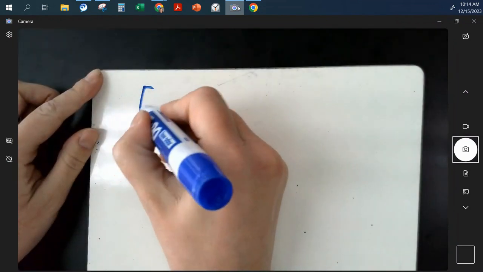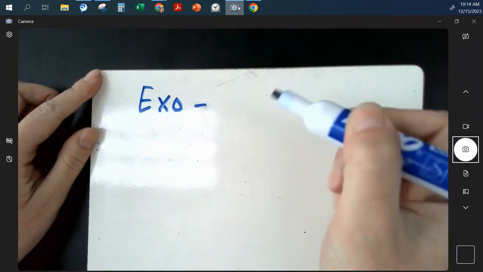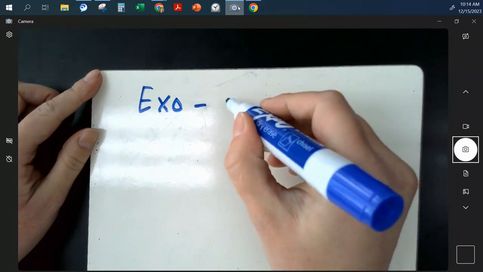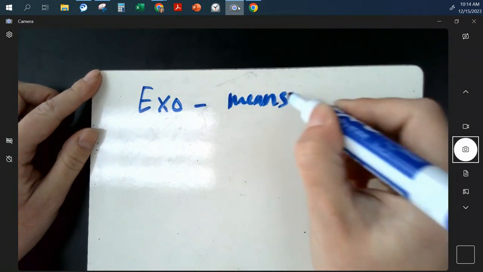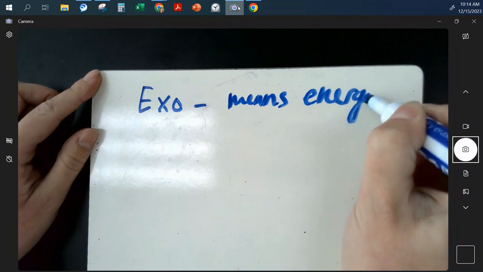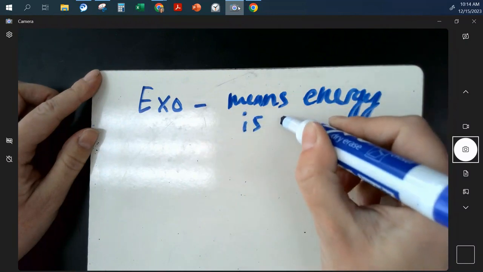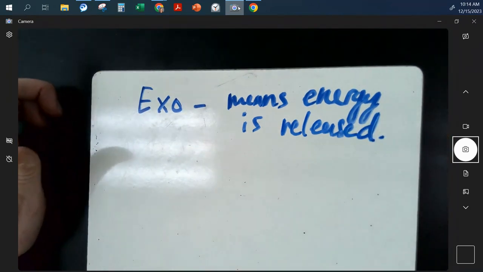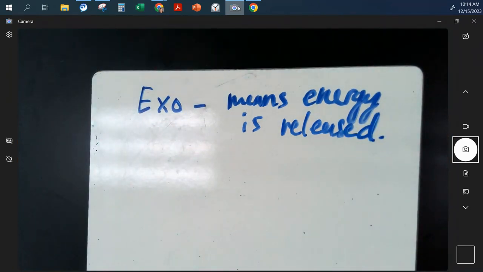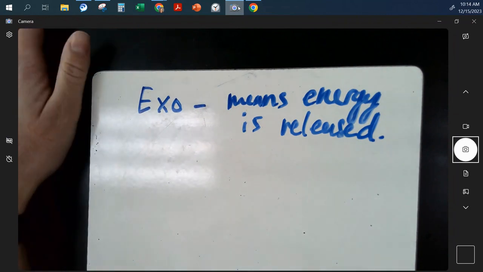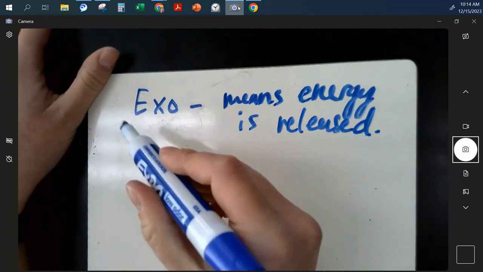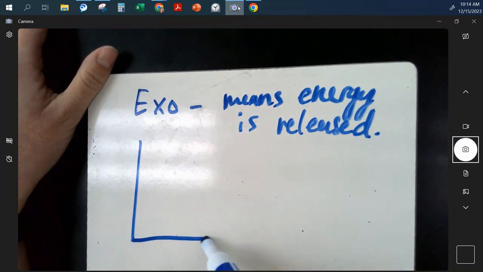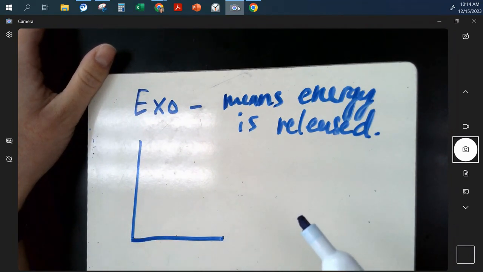Good. So that's the first thing that they want you to explain, that exothermic means energy is released. The other thing it's asking about is the energy level relating to the products and the reactants. So I think it's helpful to look at a graph of exo. What does a graph for exo look like? How do we know it's exo?